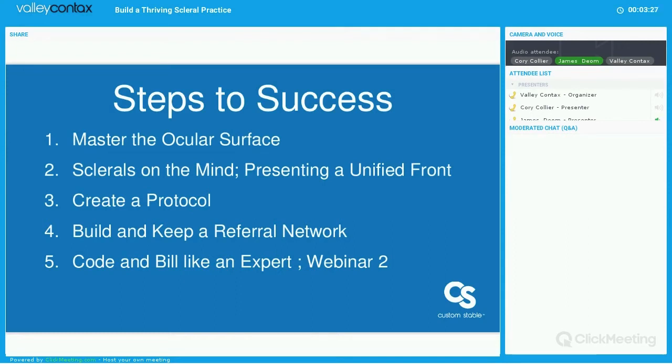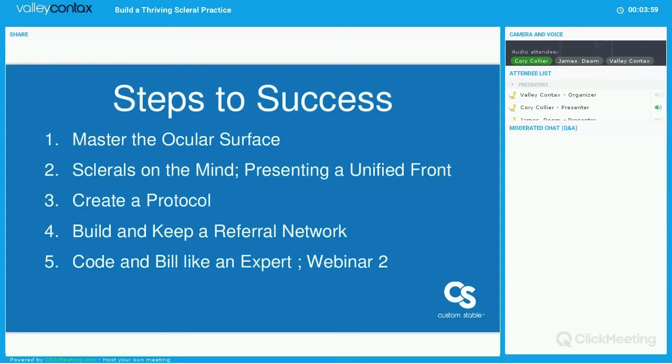So I think it just follows the reasoning that you normally follow with any other technology in your office, that you would try it yourself first. And kudos to Valley for sticking their necks out a little bit and allowing you to go ahead and get your own set. So I think that's really the first thing you should all do, if you haven't done it: get yourself a set of lenses. Number one, you're going to see what your patients are going through, and number two, you're going to be able to better communicate with your patients what they're going to expect as they go through the process.